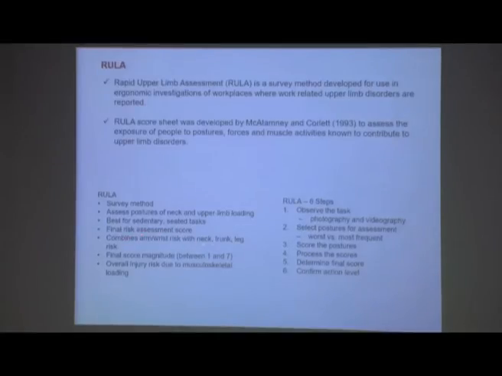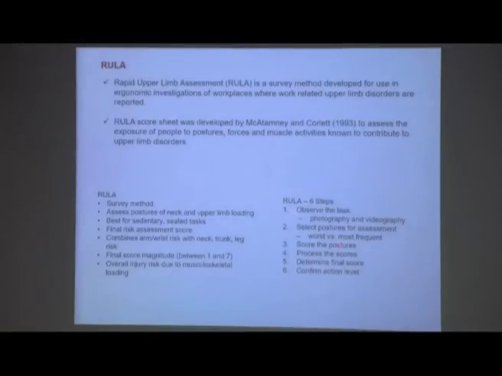It provides a final risk assessment score, combining arm and wrist risk with neck, trunk and leg. So these are the body segments, and based on the posture of these body segments it provides the score. The final score magnitude varies from 1 to 7, indicating overall injury risk due to musculoskeletal loading.